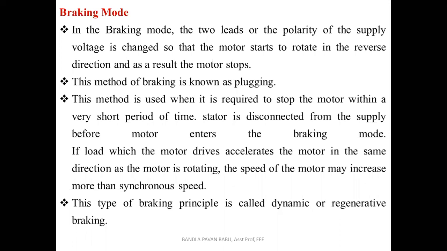So what happens here: under normal operation the motor is running, and suddenly if we start reversing the terminals, if any two phases are reversed, the motor starts rotating in the opposite direction. This method of braking is known as plugging. This method is used when it is required to stop the motor within a very short period of time. If we require an immediate action, then we go for plugging.